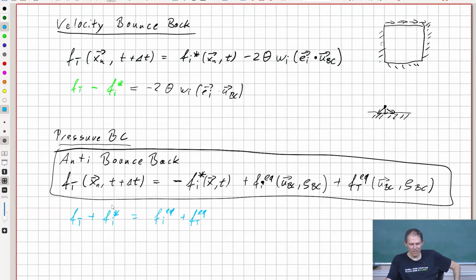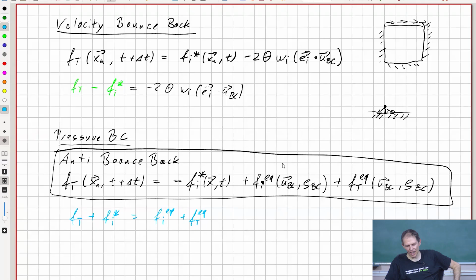So here we set basically this new population that we want to have, this Fi over bar here, to the equilibrium second or zero moment, so basically setting the pressure. This is why this is a pressure boundary condition. So it basically sets the pressure.